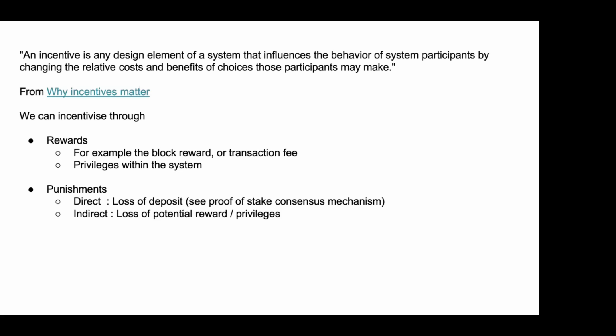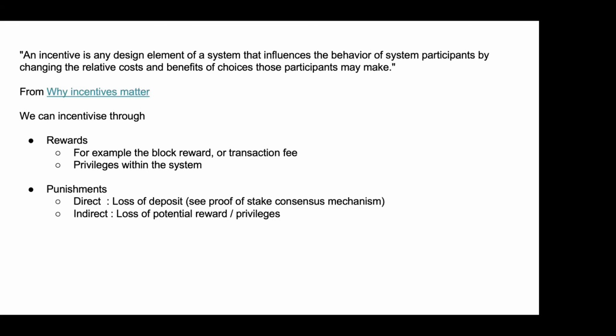And you can incentivize in two ways. You can give people rewards, such as the block reward or the transaction fee reward, or maybe you give them privileges within the system. Now, in Bitcoin and Ethereum, these are permissionless, but in some systems there are permissions, and different participants may have different roles. So it could be that you incentivize people by allowing them to take on a particular role in a system.